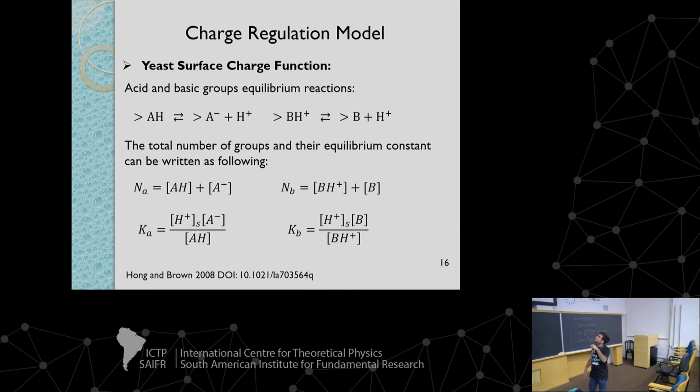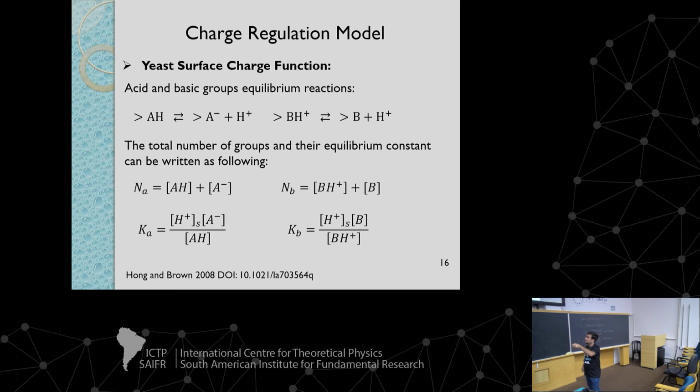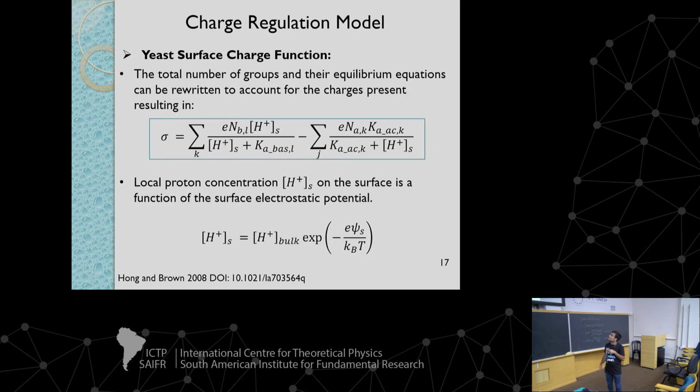And just to revise the charge regulation model, Fernando already presented, I talked about it too. So we have those equilibrium equations. We are once again approximating activity by concentrations, and we should remember that this is the surface concentration of hydrogen, which depends on the surface electrostatic potential, okay?